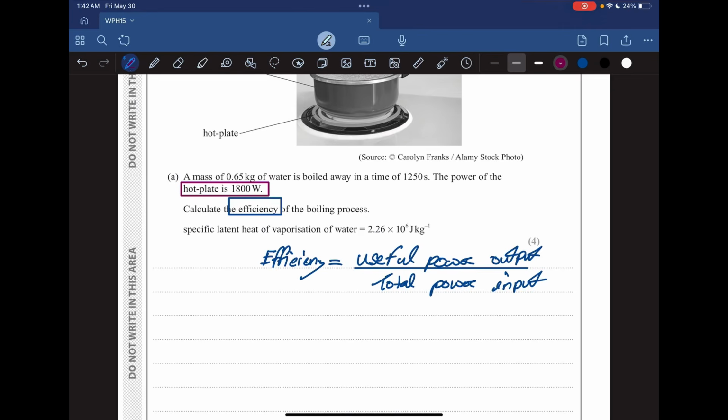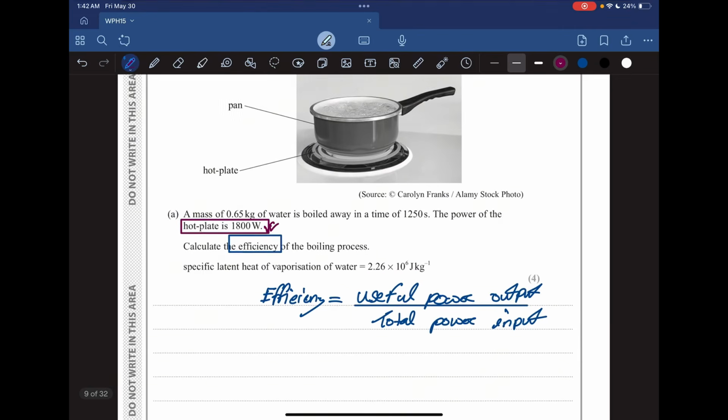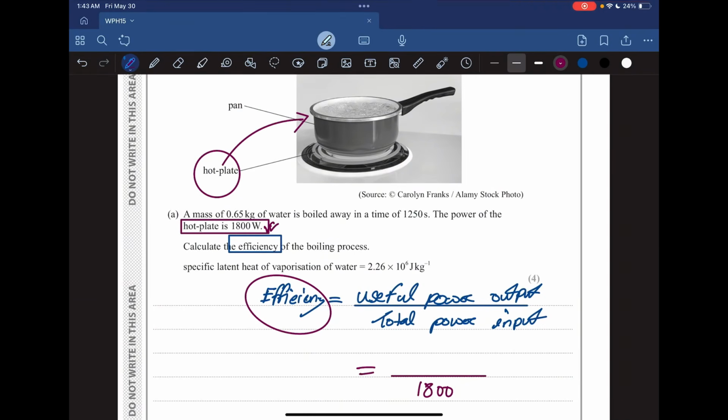This is the power that this hot plate will be providing to the pan. And now it depends upon the pan how much it can take and how much output it can give us, and on that output our efficiency will depend. So let's write 1800 right here at the denominator, because this is the total power input.